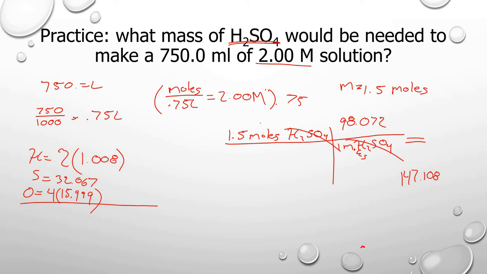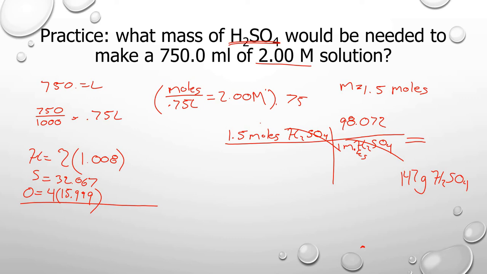So that would be 1 point. Just 147. I know you've got the pen in your hand, so you got to move it to the other hand there, Chester. And what are the units? What are we trying to find? Grams of. Okay, good.